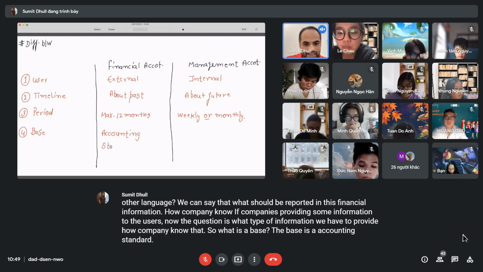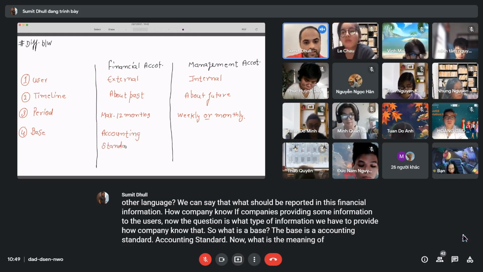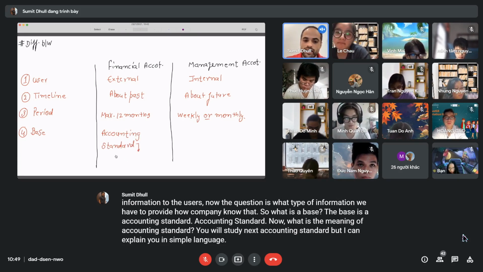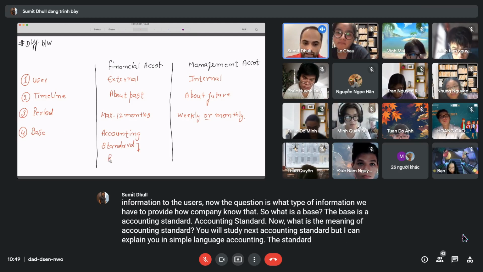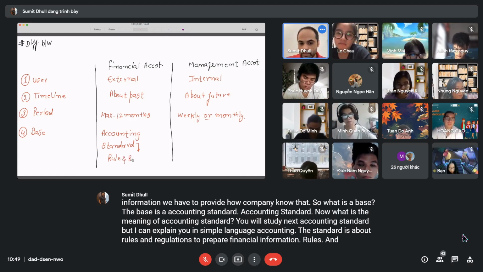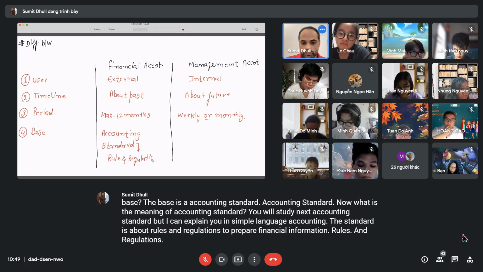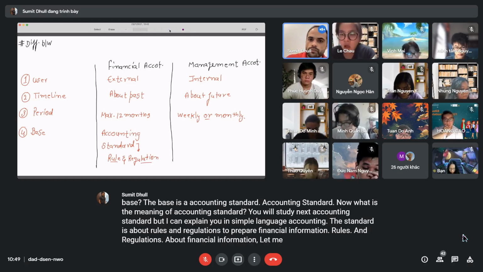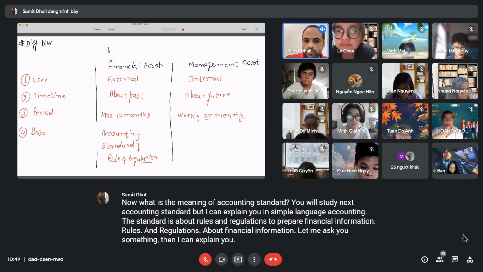Now, what is the meaning of accounting standard? You will study accounting standards next, but I can explain in simple language. Accounting standard is about rules and regulations to prepare financial information. Let me ask you something, then I can explain. Everybody knows the financial report.